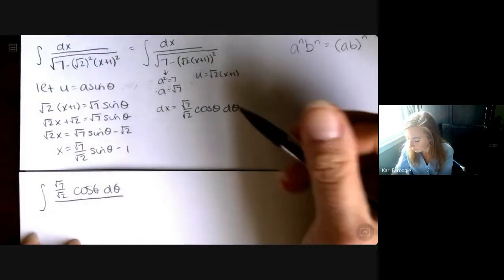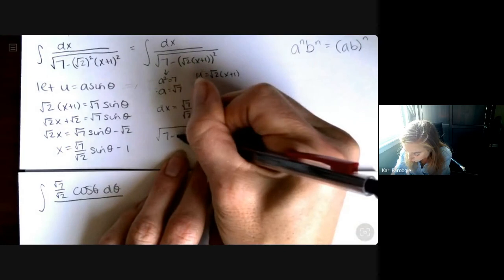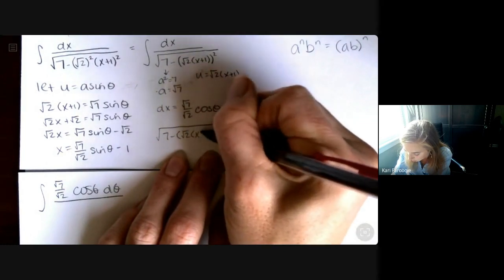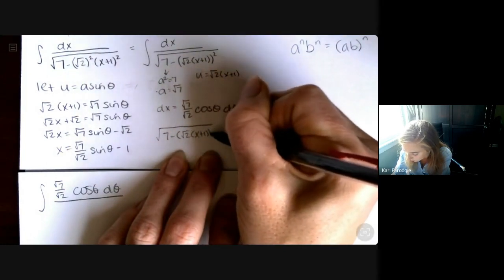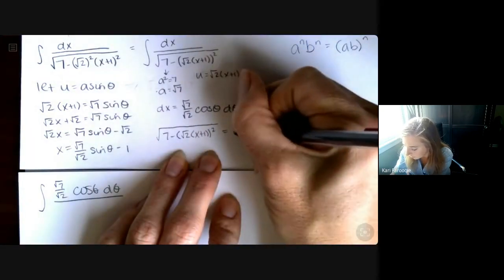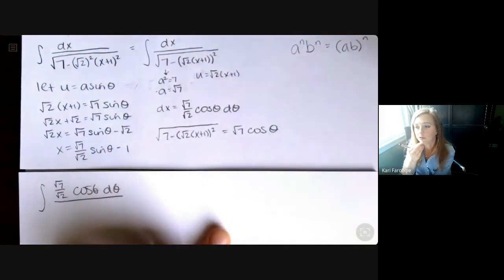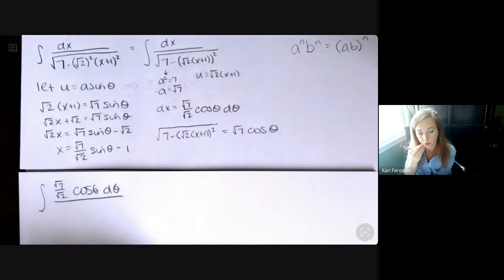Oh, and I actually forgot to write the substitution for our radical just because it was so long. I think I was just avoiding it. Okay, so our radical is equal to a cosine theta. And again, that's just from your formulas that I gave you at the beginning of 7.3.